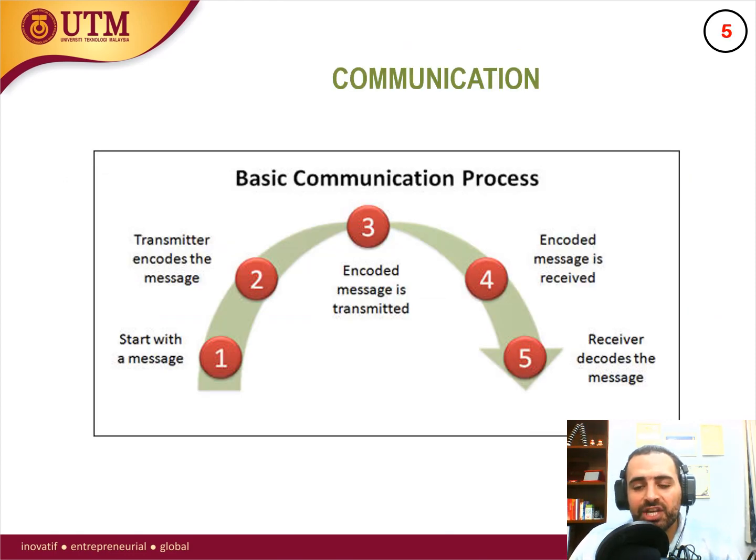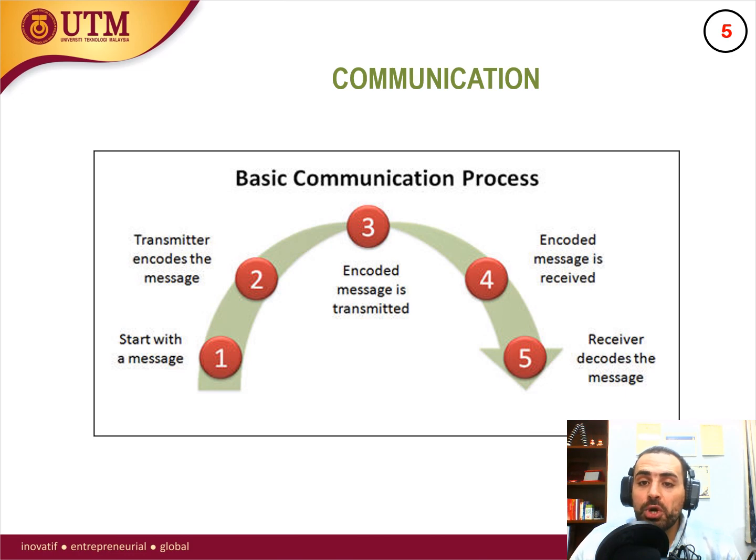So any communication process has basic communication elements, which are the message, as I mentioned before, which is the information itself, and then the transmitter encodes the message, which is the sender, who needs to make sure this message is clear before sending it out to the audience. And then the encoded message is transmitted, through the tool, or the medium, the channel that we need to transfer this message through.